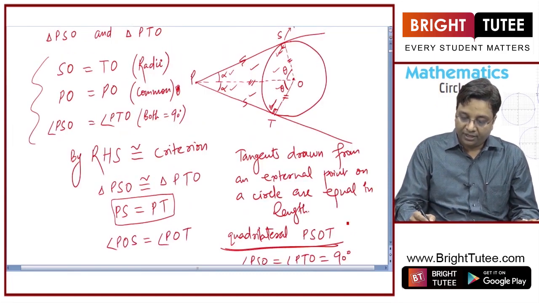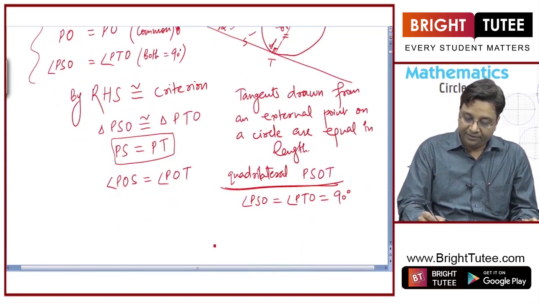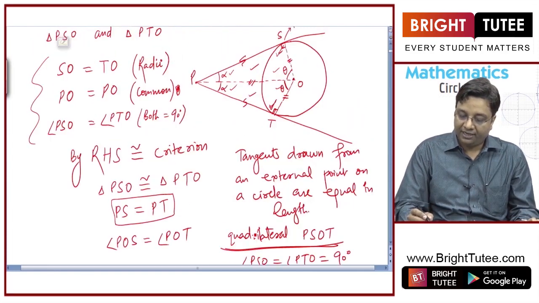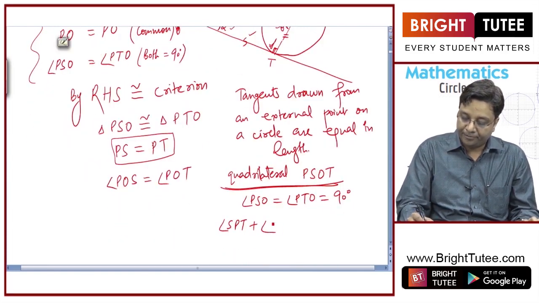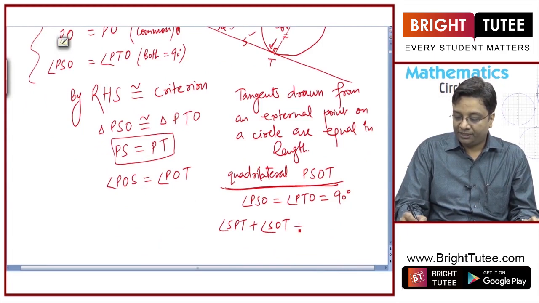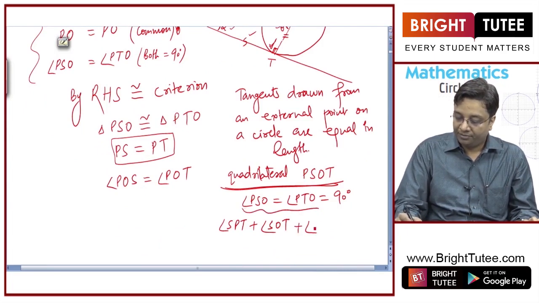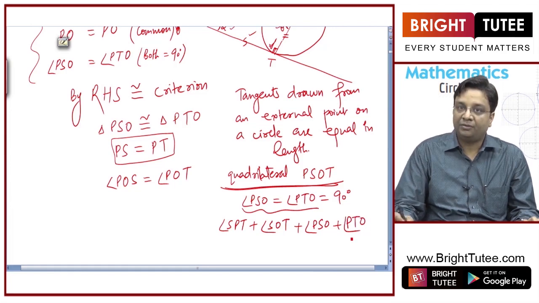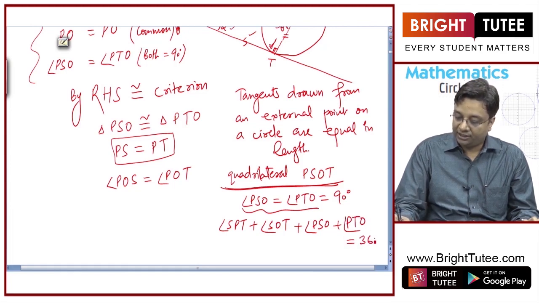So angle SPT plus angle SOT plus these two angles, PSO and PTO, is equal to 360 degrees.